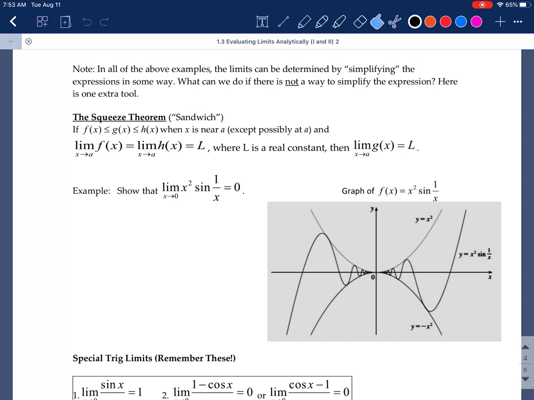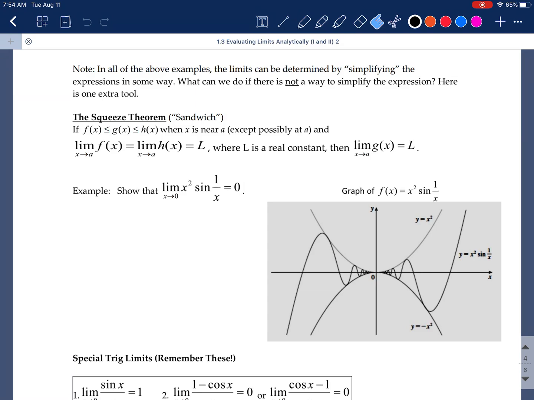So it's not an analytical method per se, like factoring or finding common denominators or direct substitution. It's really analyzing what the graph is doing as it approaches the value we're interested in, and our ability to create a boundary or a sandwich or a way to squeeze our function in between two other functions.